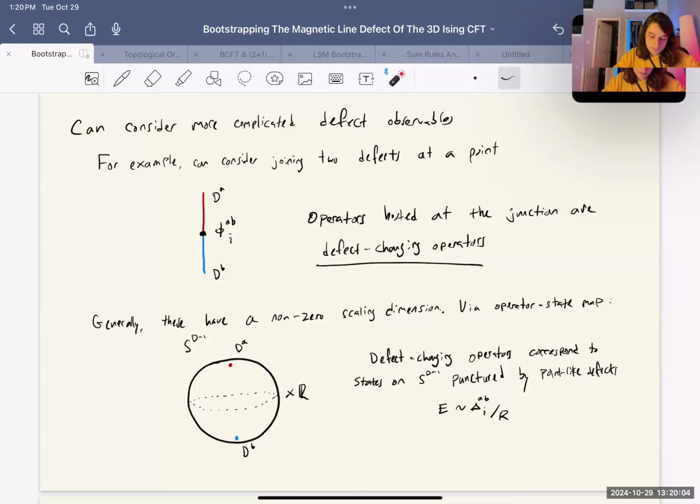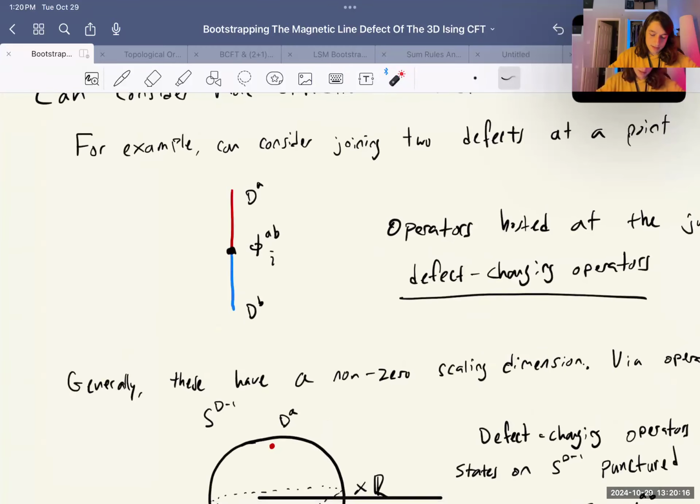So in a given theory, I may have many different types of defects, and I can consider a situation in which I join them together at a point.